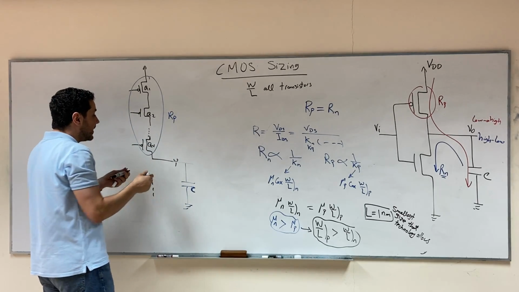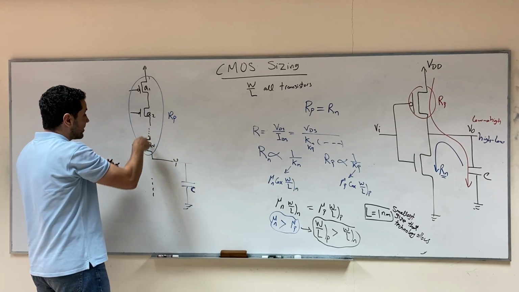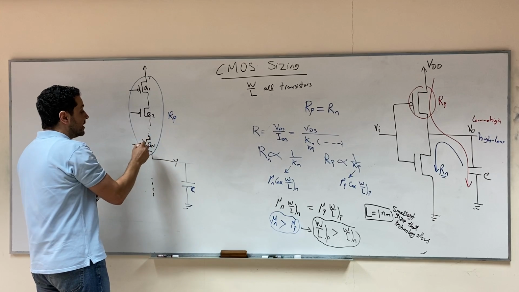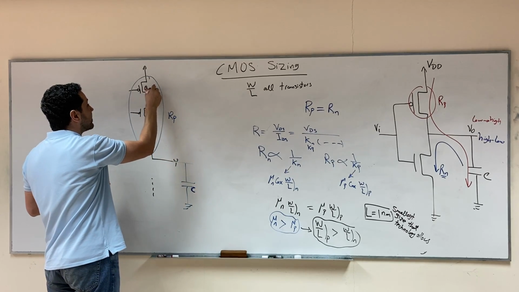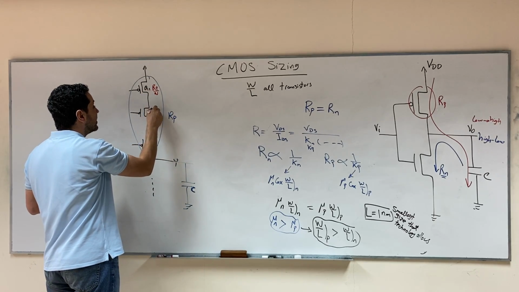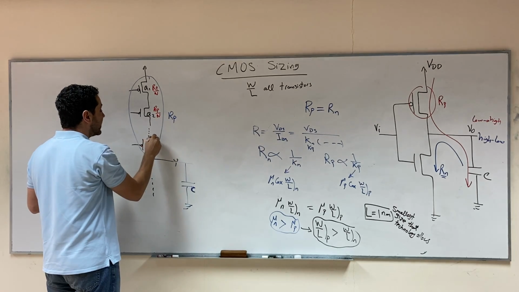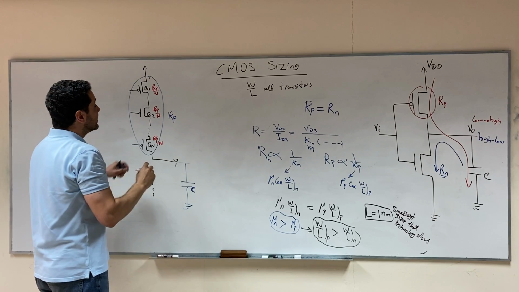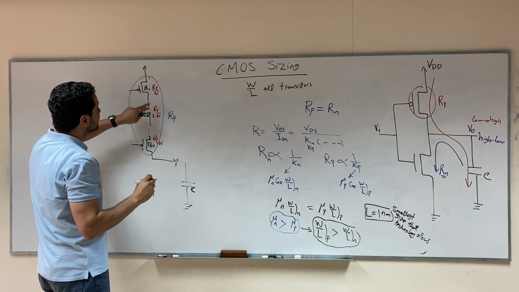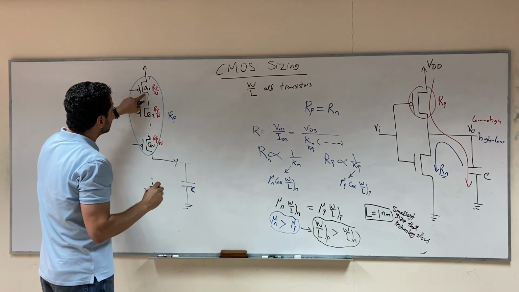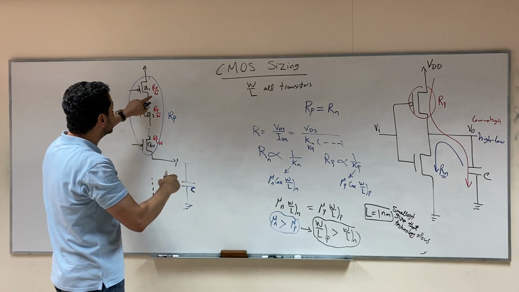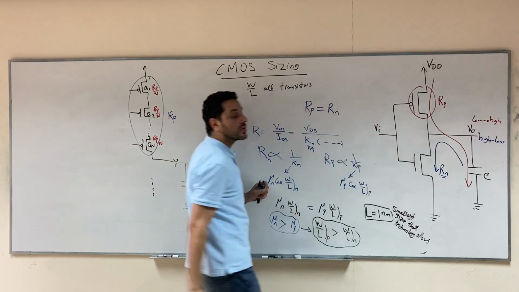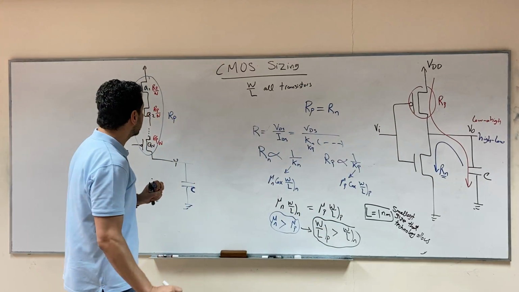Which means that, since they are connected in series, you have to design the resistance of each of them to be RP over N. So you have to divide the resistance over N. The resistance of each of the transistors in this logic gate must be 1 over N of the resistance of the PMOS transistor in the CMOS inverter case.